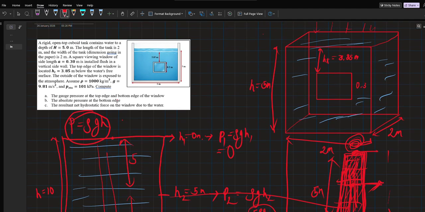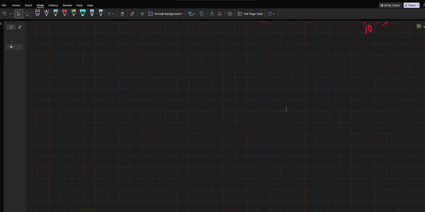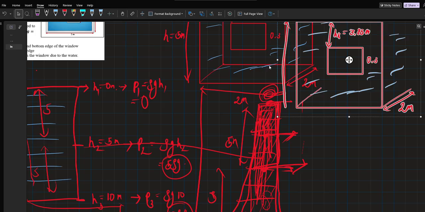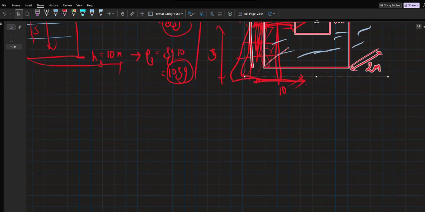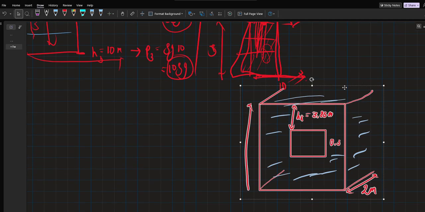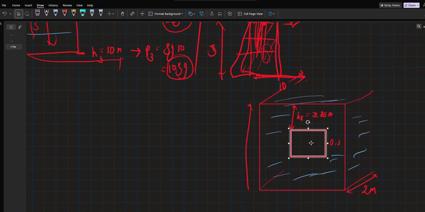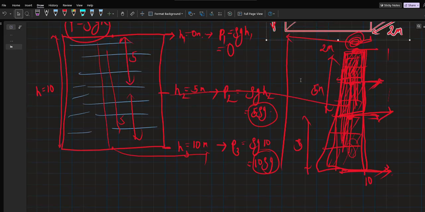Okay, so let's see if I could copy this figure and put it here somewhere.